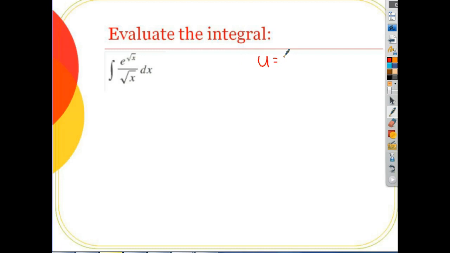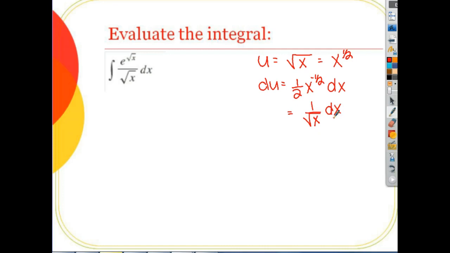Now what happens to this one? You still need to get rid of the dx because the dx can't stay with the du. This is the square root of x. What's the derivative of the square root of x? It becomes 1/2 x to the negative 1/2. What's nice is it becomes 1 over the square root of x dx.